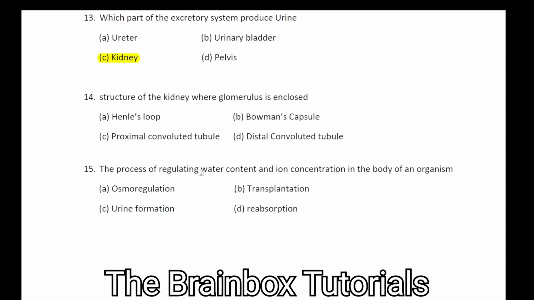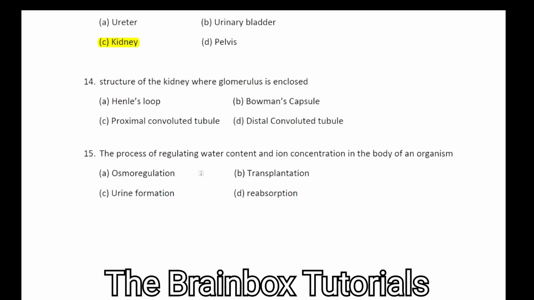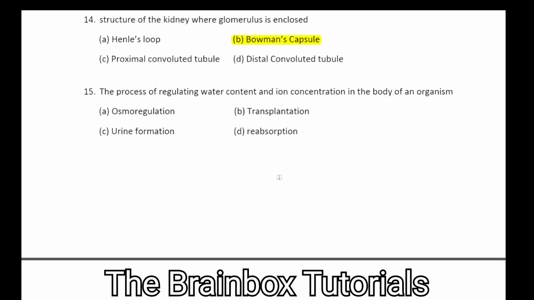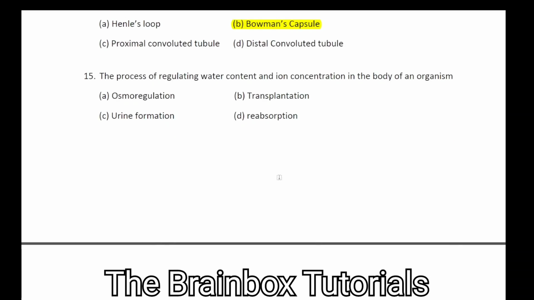Now, number 14. Structure of the kidney where glomerulus is enclosed. Option A, Henle's loop. Option B, Bowman's capsule. Option C, proximal convoluted tubule, that is PCT. And option D, distal convoluted tubule, that is DCT. And the correct option is B, Bowman's capsule. Now number 15, the process of regulating water content and ion concentration in the body of an organism.